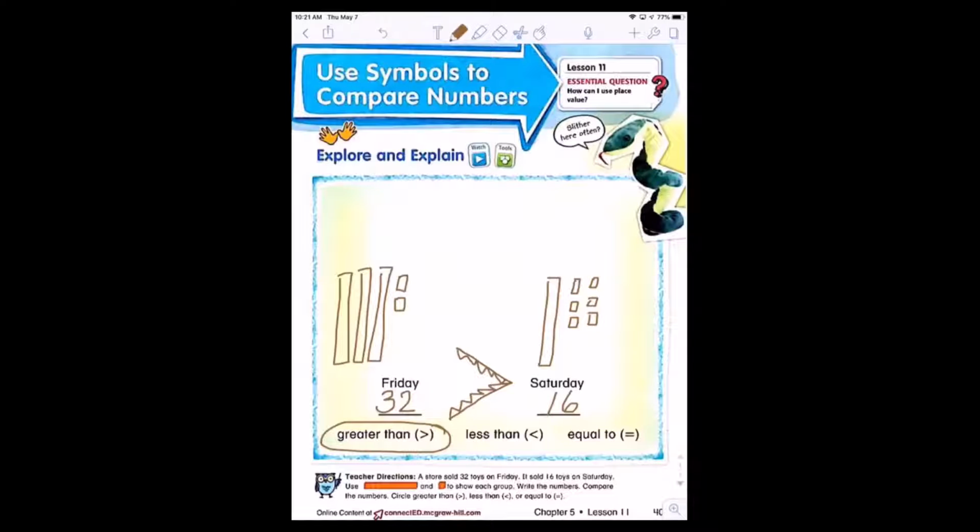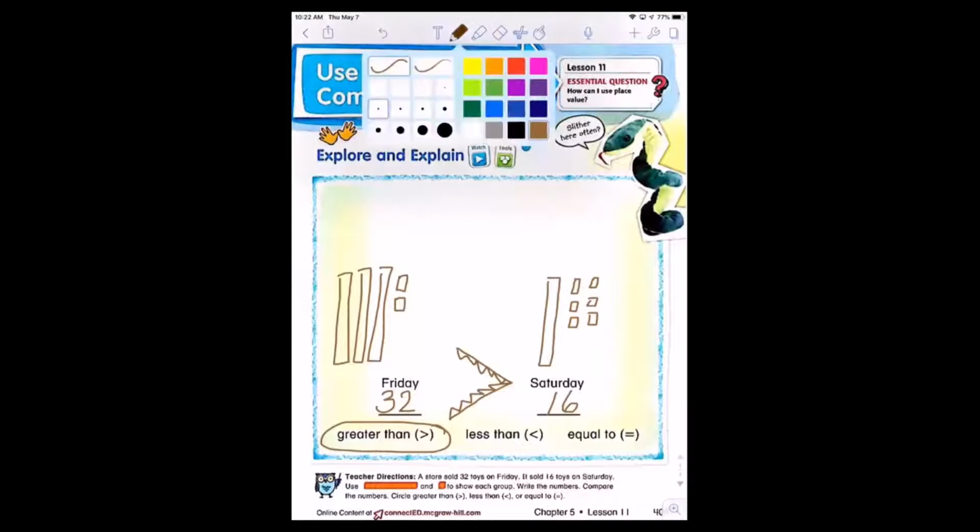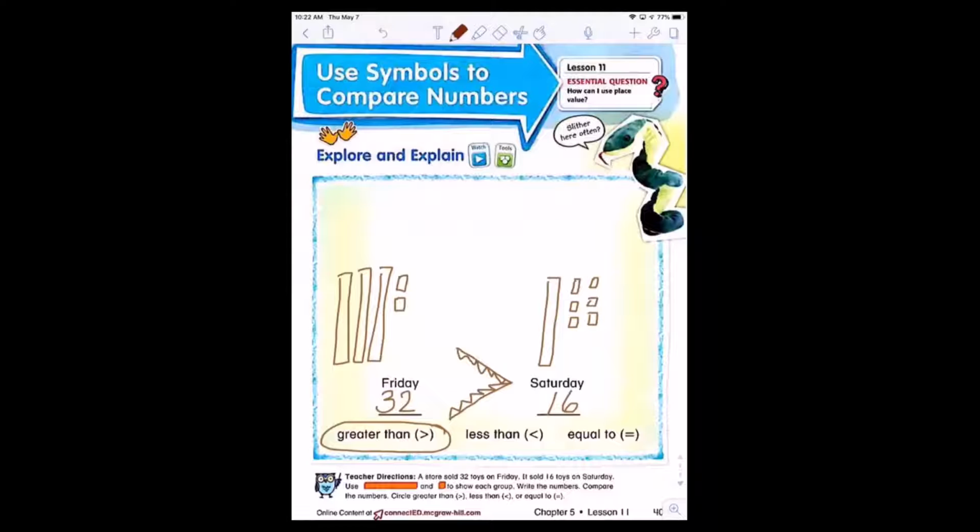What are we looking at, the ones or the tens, Milan? Okay. Because look, right here I have 3 tens. Right here I have 1 ten. So what's greater, 3 tens or 1 ten? There would be 3 groups of 10. Okay, so when we compare numbers, we're looking at the tens.